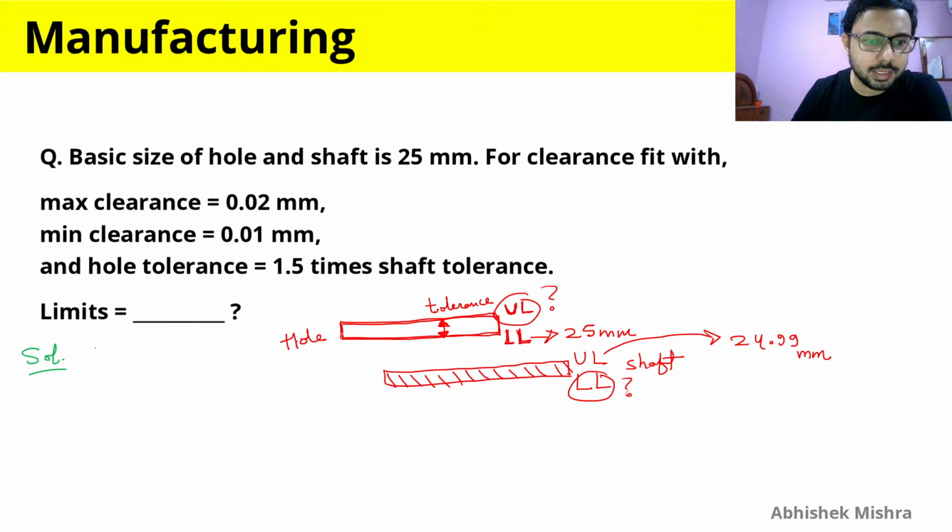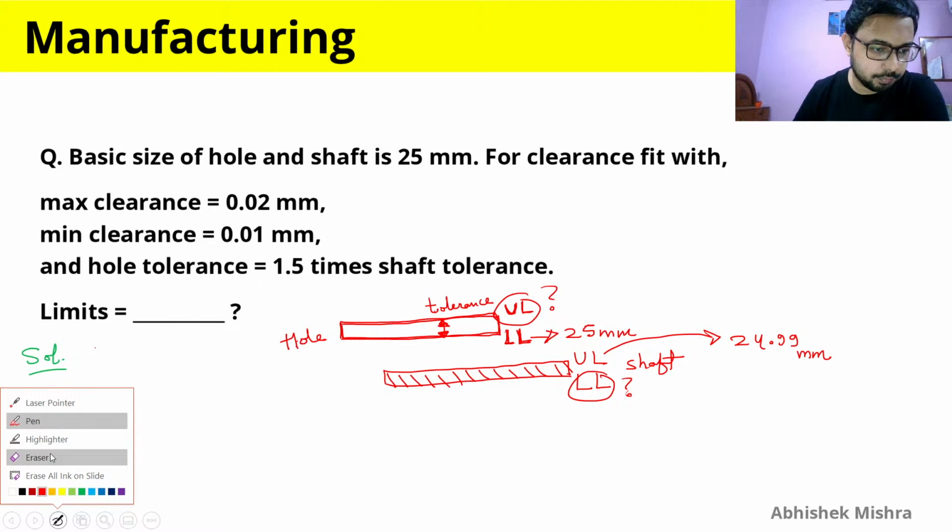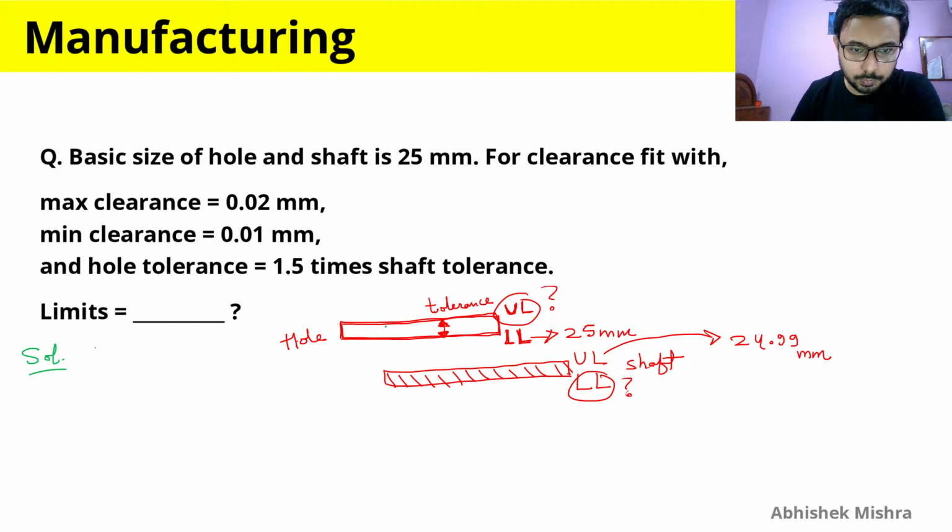And in the question it is given that the maximum clearance, that is this value, is given as 0.02, the minimum clearance, this value, is given as 0.01, and the difference between hole tolerance and shaft tolerance is given.